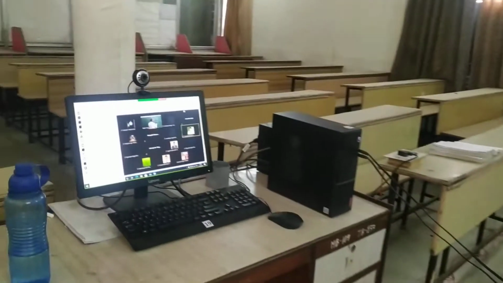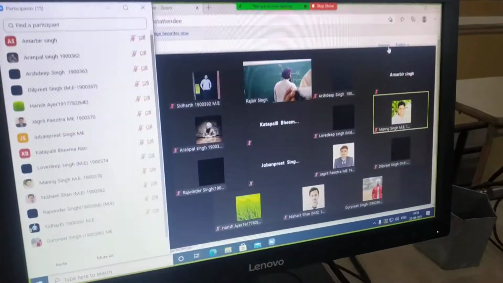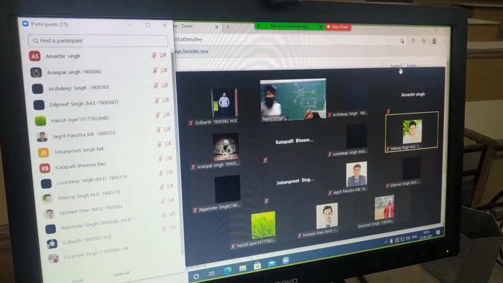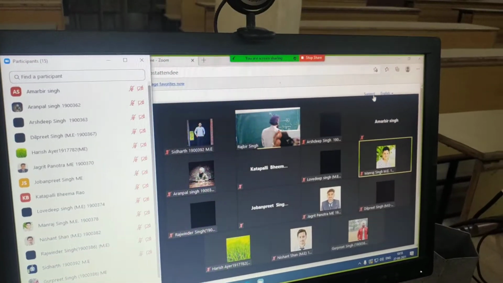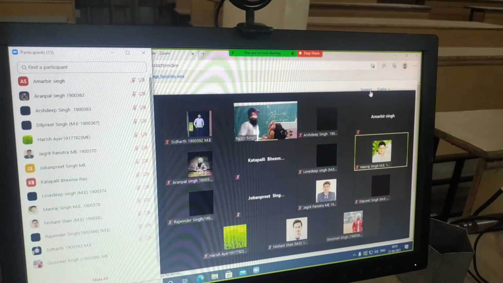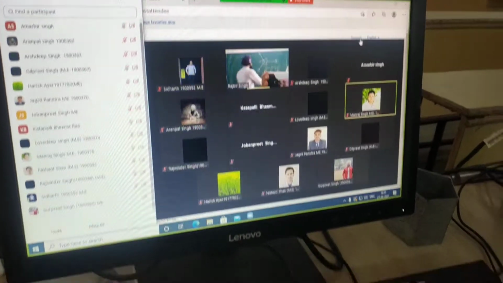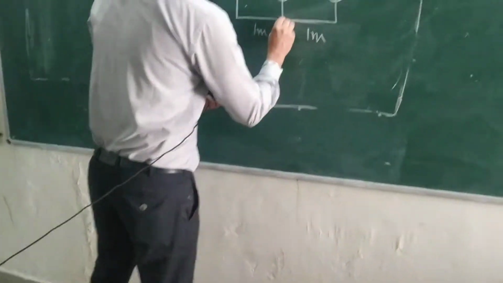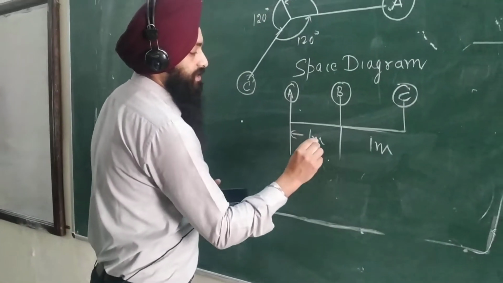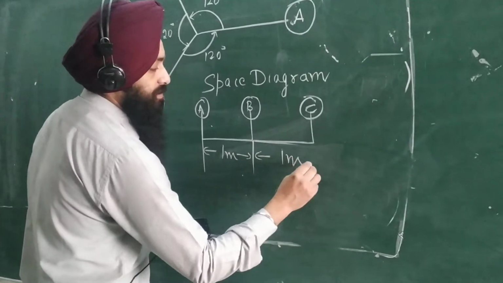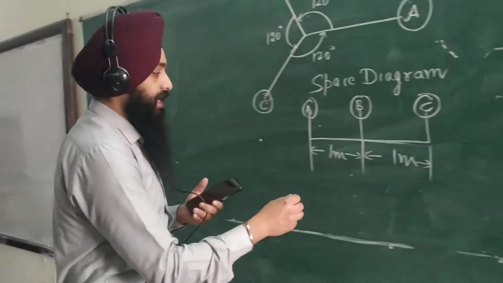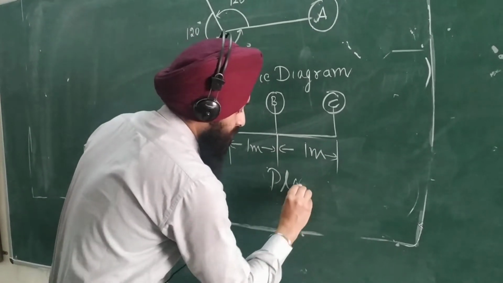This will be cylinder A, this will be cylinder B, and this one will be cylinder C. The pitch of the cylinders is 1 meter, which means the distance between the cylinders is 1 meter. It is given in the numerical. This diagram is known as the plane diagram.